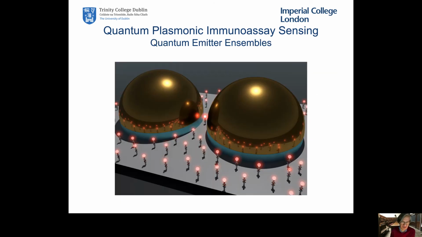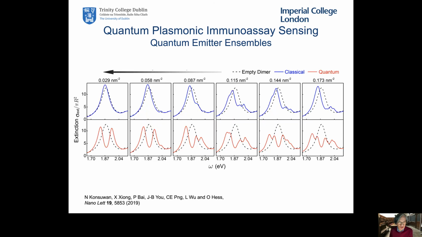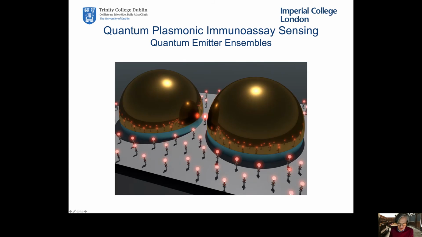So if you have these quantum emitters, not just a single one but many of them, there's certain statistics involved. Through that, one can show that if one was to think about a classical process with a simple shift, some of them would be further away, some of them would be closer to the ideal condition in the gap.